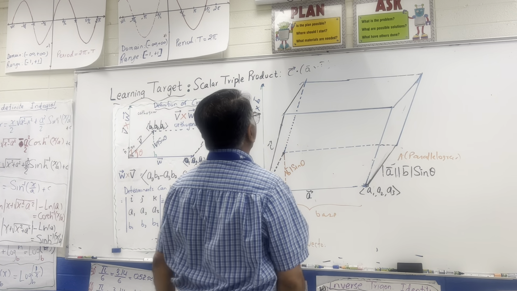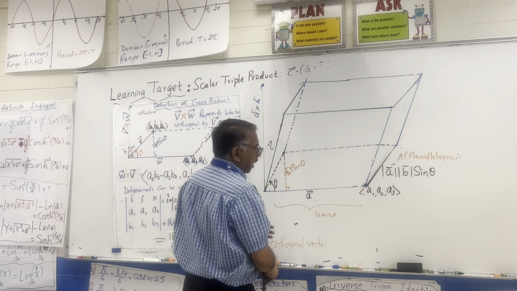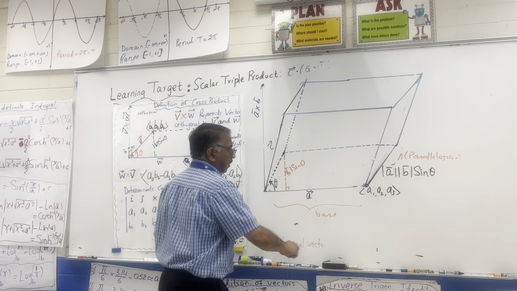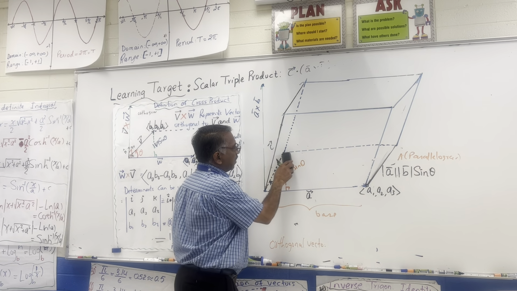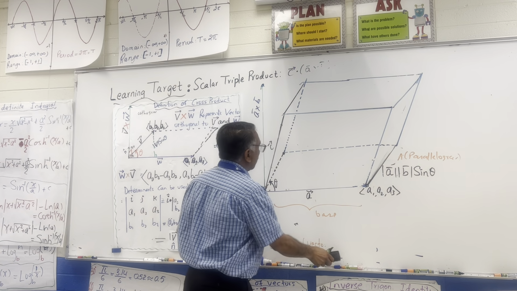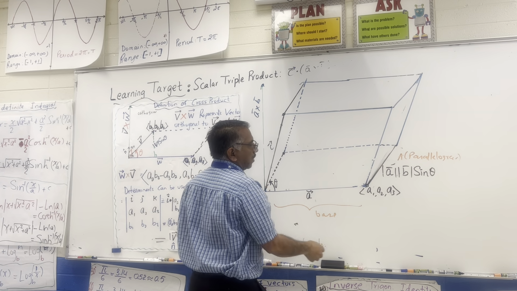Okay. And you can see here, we want to find what's the volume of this. So now that we have used up this, I'll take this off. And now I'm going to draw a perpendicular, because we want to know the height of this. So what is the volume?